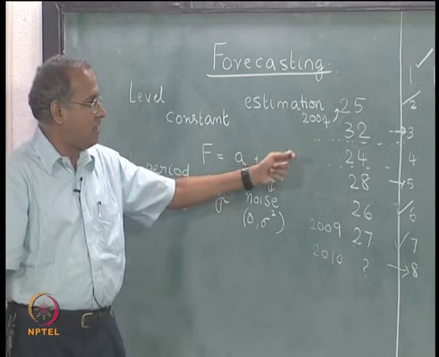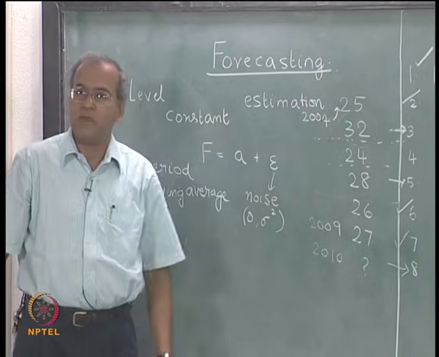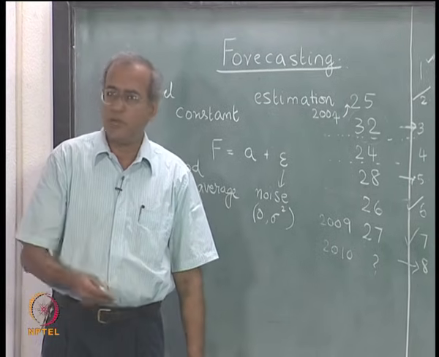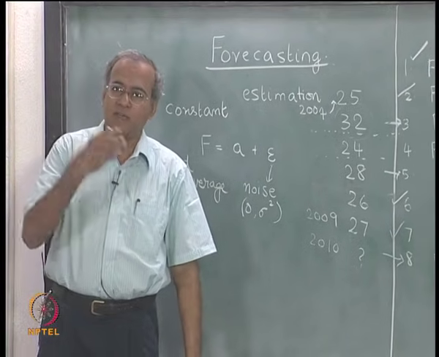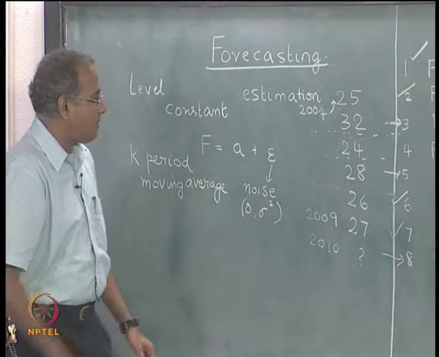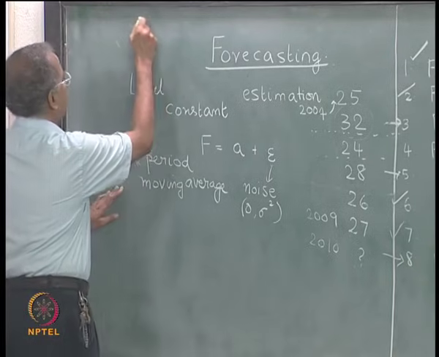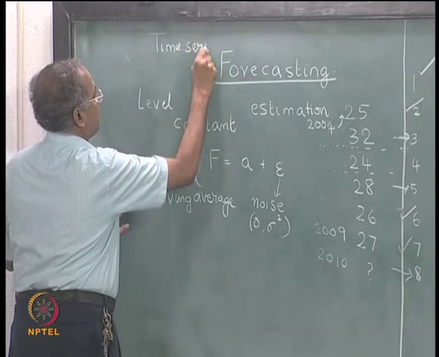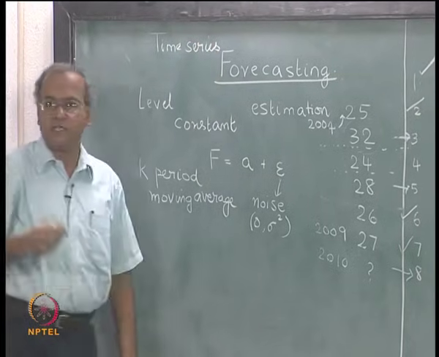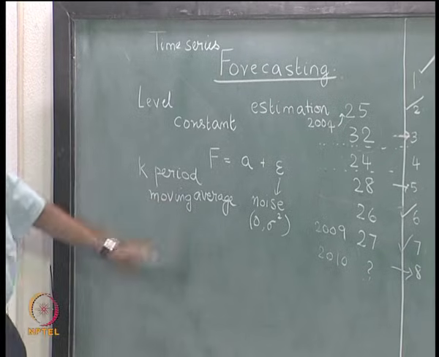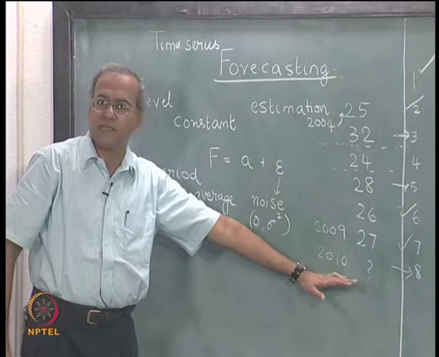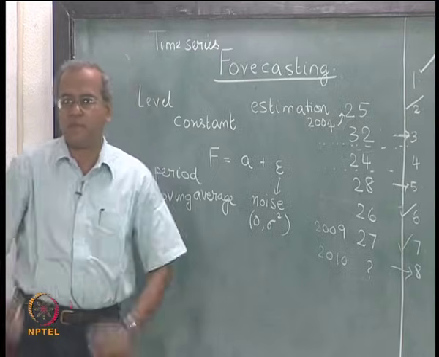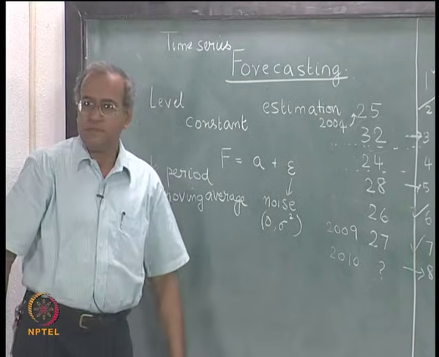So, the behavior of demand with respect to time has been captured in this data, and all data where the demand is given with respect to time come under the category of time series models or time series forecasting. So, this is an example of time series data where the behavior of the demand with respect to time is provided.